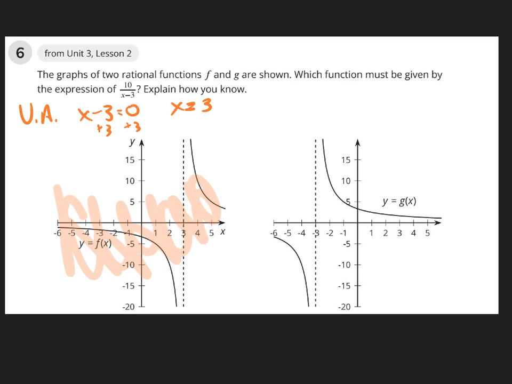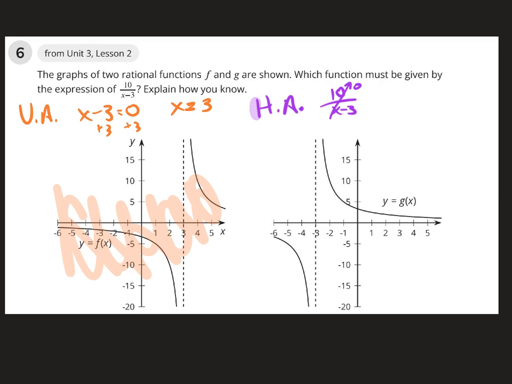But now let's look at the horizontal asymptote. Because you do not have an expression in the top, we take our 10 over x minus 3. Basically, as x gets really, really large, this thing goes to 0, and our horizontal asymptote is at y equals 0.